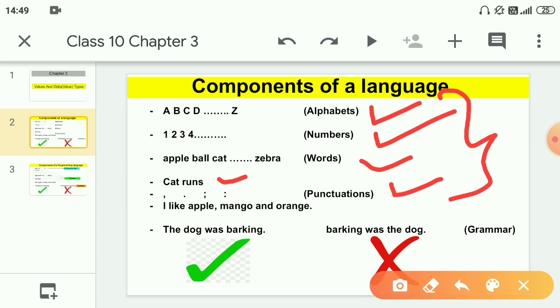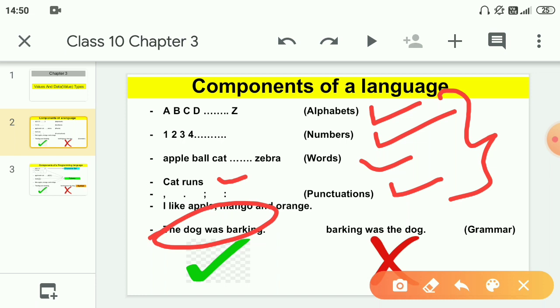And these combinations of words cannot be done in any way you like. You have to follow certain rules, and that rule is known as grammar, isn't it? For example, if I say that the dog was barking, this sentence is grammatically correct. It conveys a certain meaning precisely and clearly.